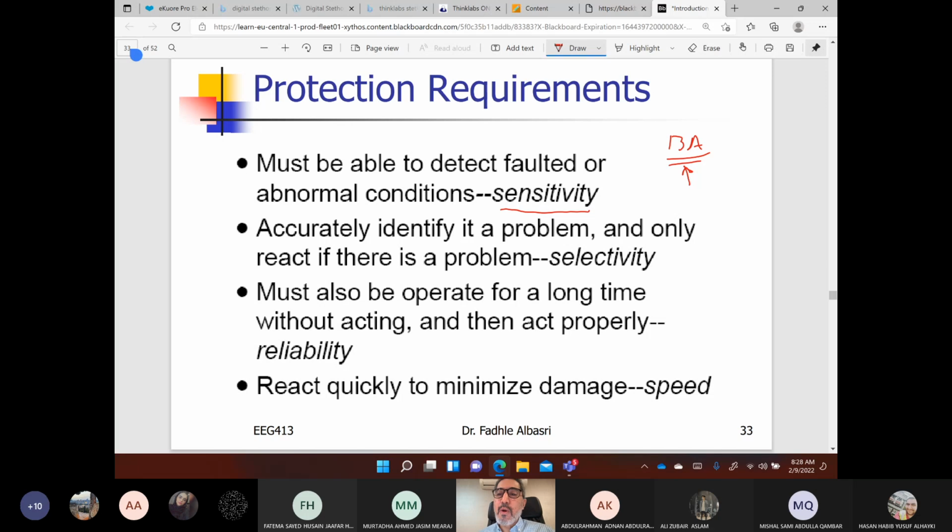So if it operates at 13.01, it means very sensitive. If it operates at, let's say, 20% higher or 30% higher, it is less sensitive. Okay, Shabab? Now, what do you expect for the 13 ampere? What is the current at which this fuse blows?